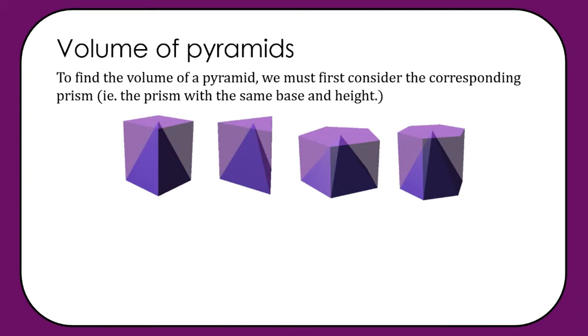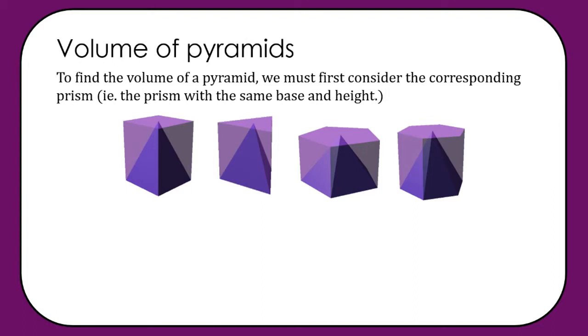Okay, so volume of a pyramid. To find the volume of a pyramid, we have to first consider the corresponding prism. So that is the prism with the same base and the same height. And via experimentation, if you type into YouTube volume of a prism and pyramid or something like that, you'll get a number of different videos that illustrate this through experimentation.